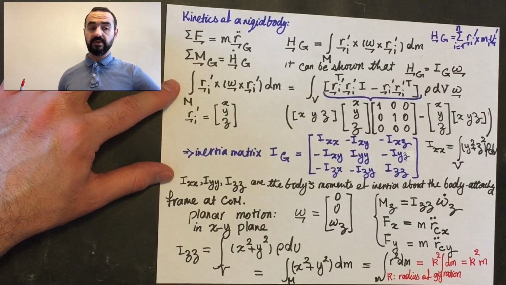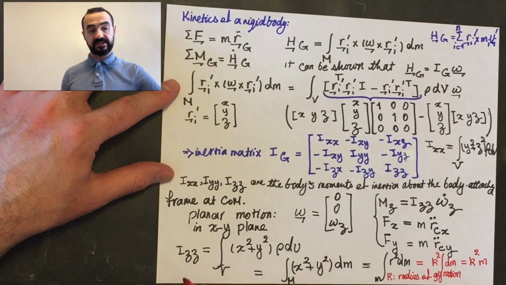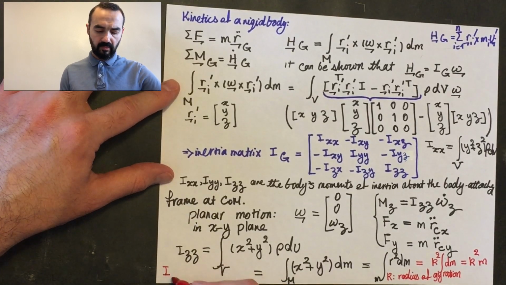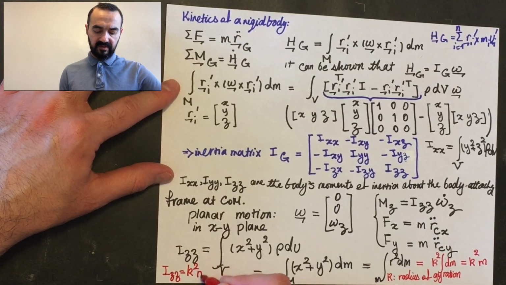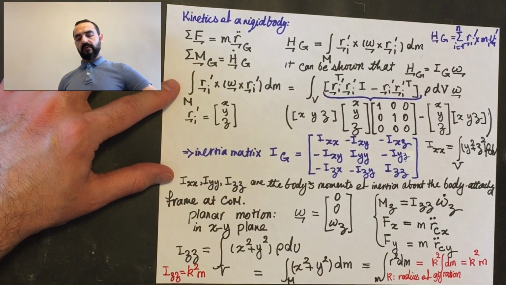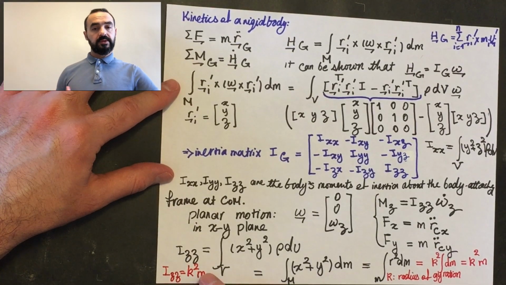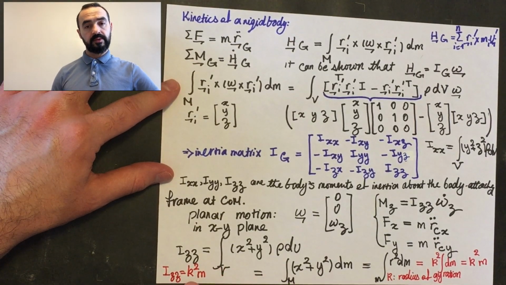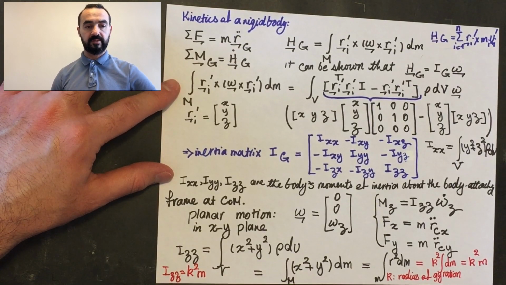So what you're going to do is compute Izz using radius of gyration. I apologize, I just write it here so I don't need to use a second page. Izz is going to be k squared m. So if I give you radius of gyration, you square that, multiply by m to get Izz, and then you can use that Izz for planar motion.